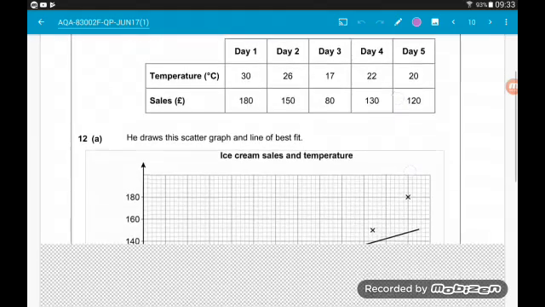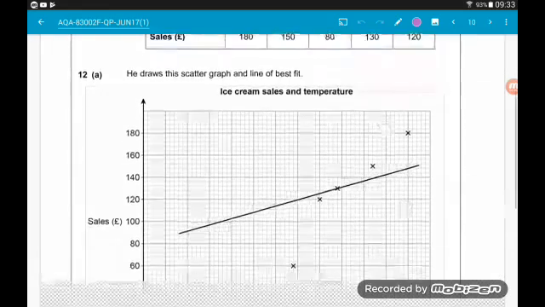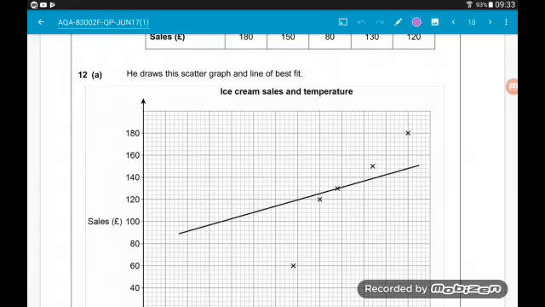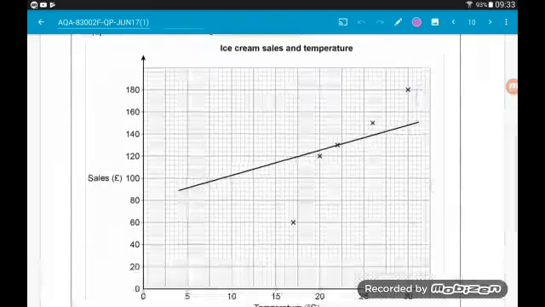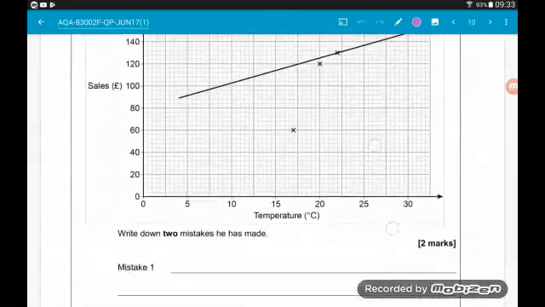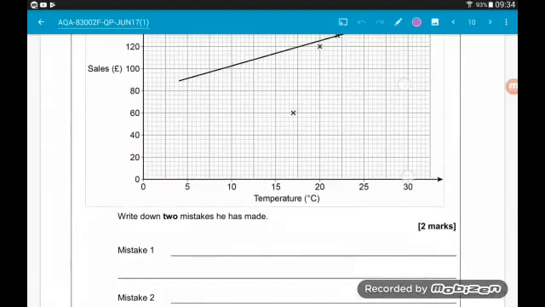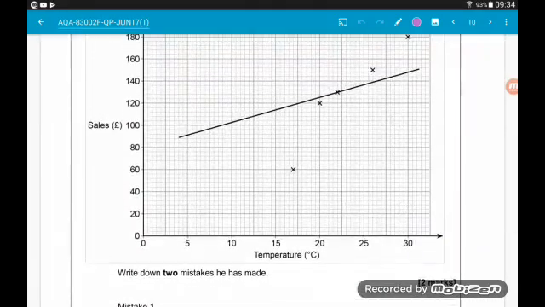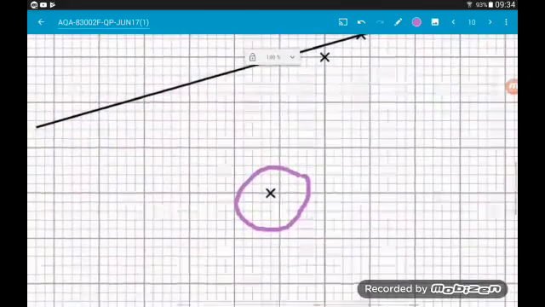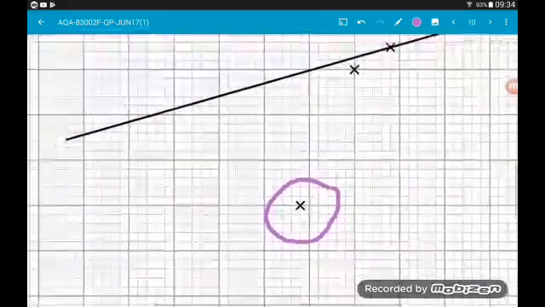So for part A, Lee draws a scatter graph and the line of best fit, and we are asked to find 2 mistakes. So the first mistake is that this guy down here isn't plotted in the right place. It should be 17, which is right, but then 80. Now he's actually plotted it at 17, 60.